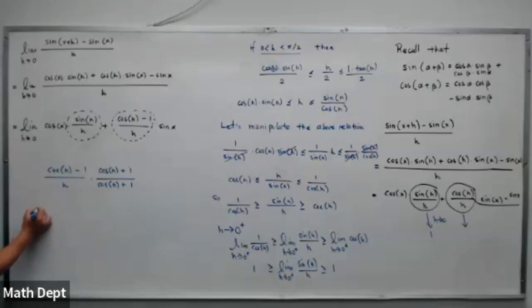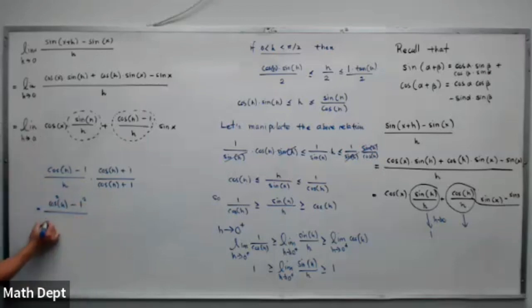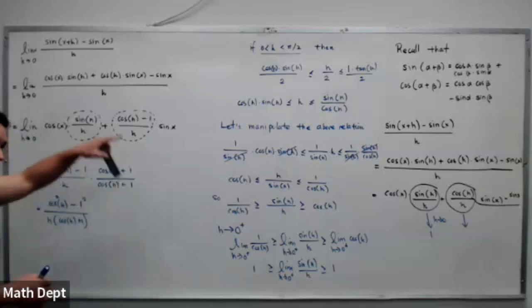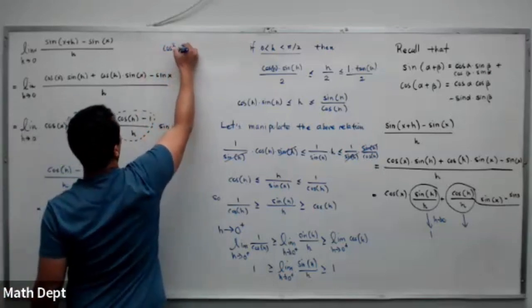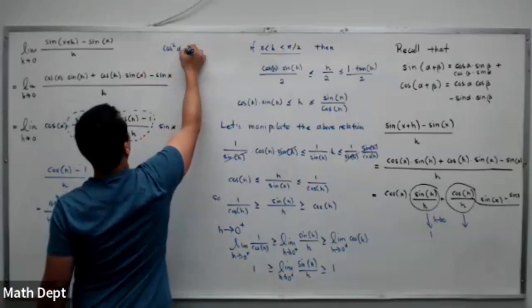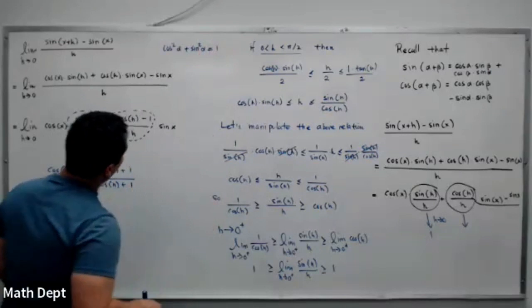Whenever I do this, then I have cosine squared of h minus 1, over h times cosine of h plus 1. Then from here, look, there's a fundamental identity that relates cosine and sine, the one that we had from the unit circle: cosine squared of whatever we have in terms of angles plus sine squared of that angle.